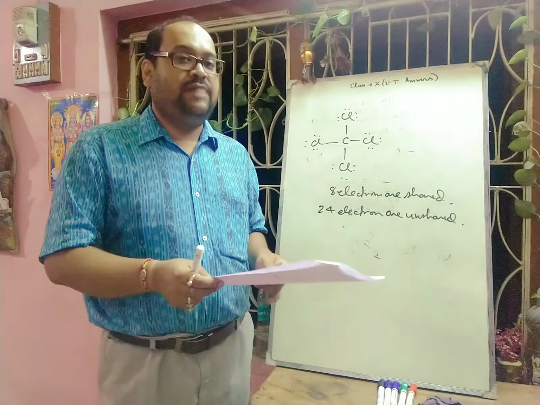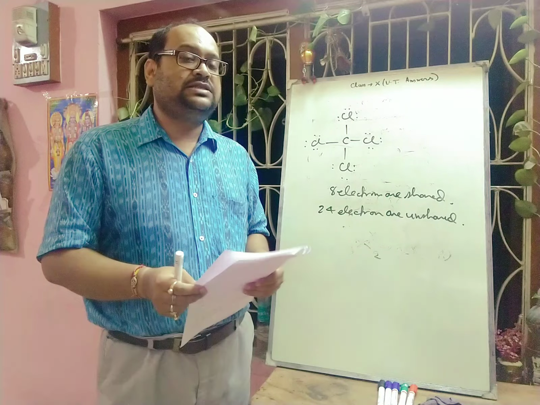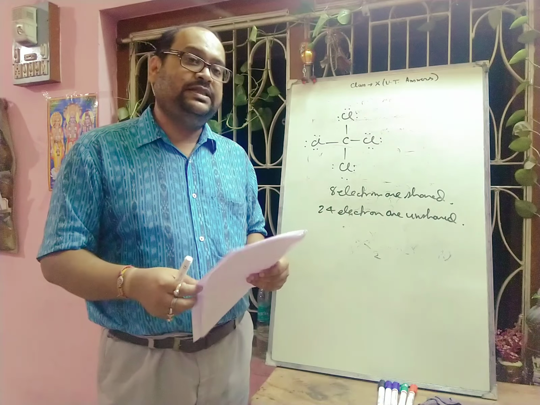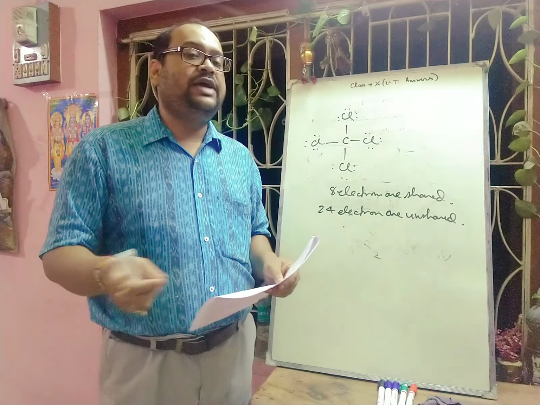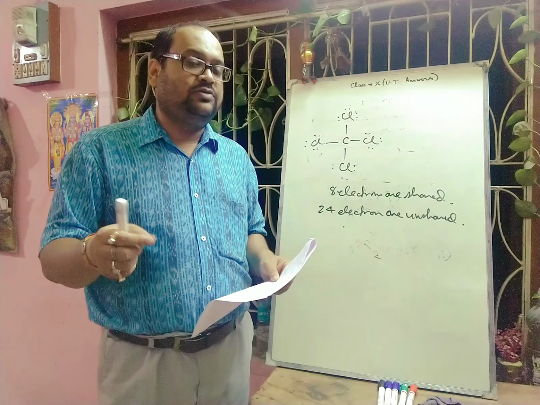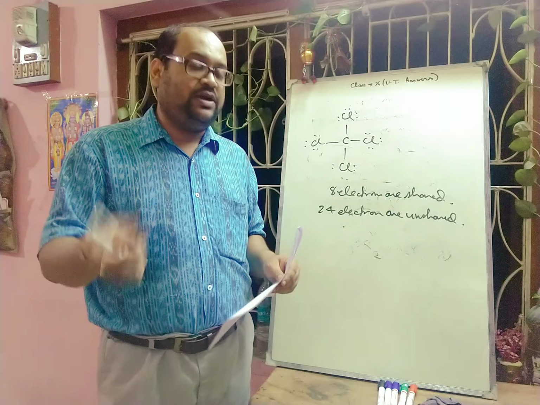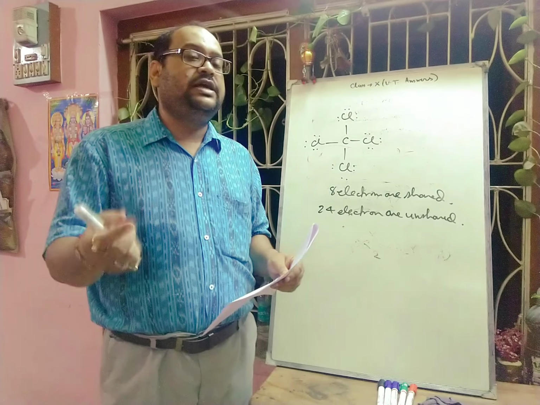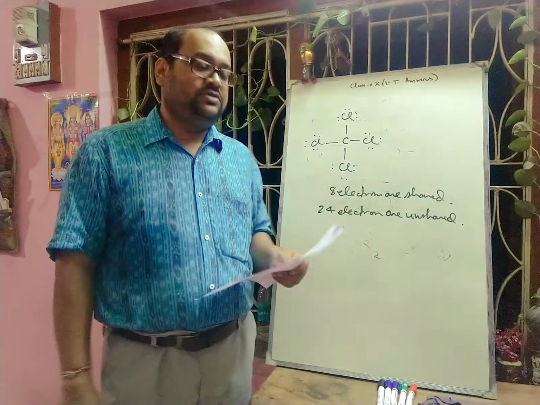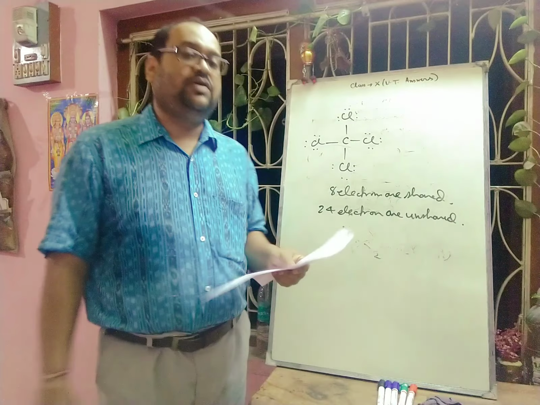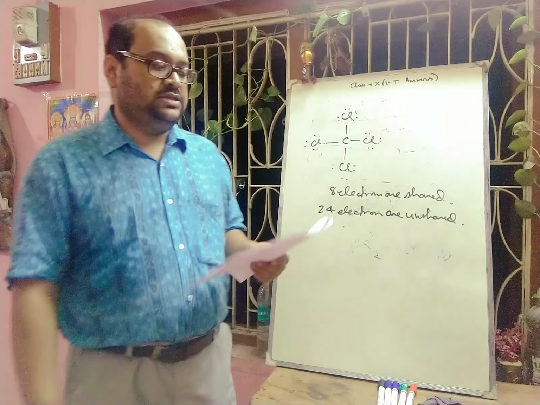To break the covalent bond, time is required. Some covalent reactions may take 1 day, 2 days, and even 3 days. But if we add silver nitrate to sodium chloride solution, instantaneously we will get the precipitate of silver chloride. So this ionic reaction is so fast because of the formation of free ions.